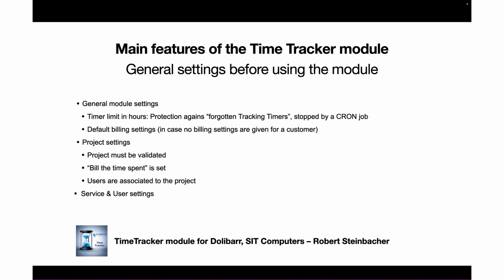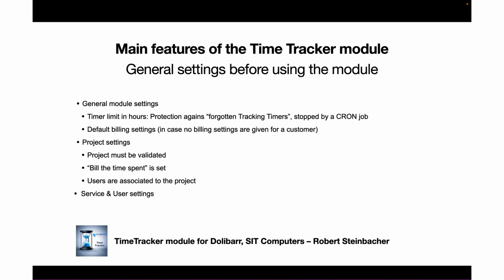So if we want to create invoices automatically from the time tracker data, then we have to associate a specific time the user spent on a project with a specific amount of money. So we need to have a default service that is associated to that user.